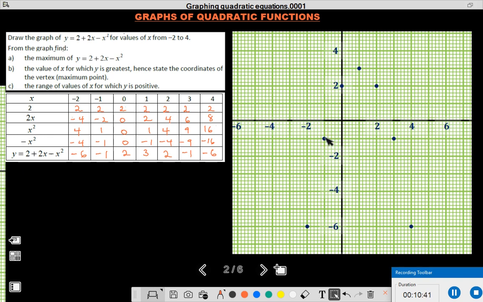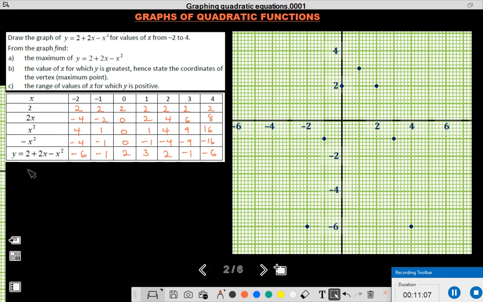So the coordinate point is here. 0, 2, the point is there. Then 1, 3, the point is here. 2, 2, the point is there. 3, -1, the point is here. And last 4, -6, the point is here.